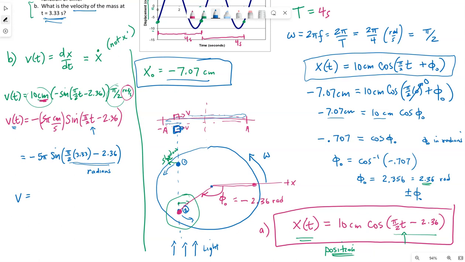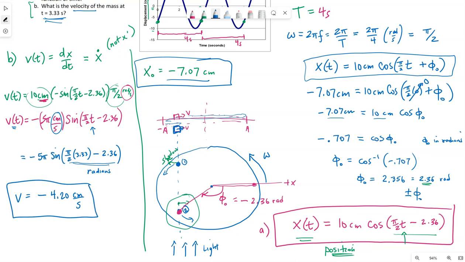So let's see, negative 5 pi times the sine of pi over 2 times 3.33 minus 2.36. I'm getting negative 4.20. The units, again, will be centimeters per second, as mentioned before.